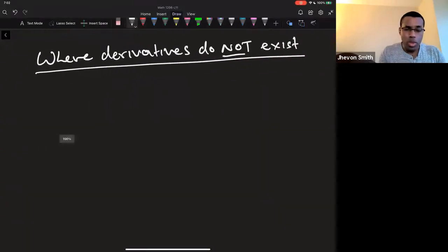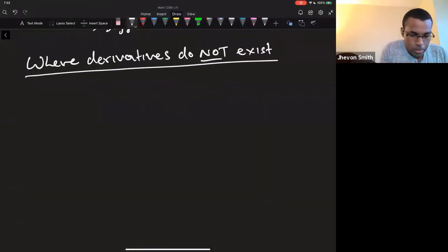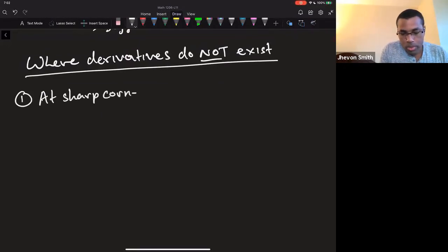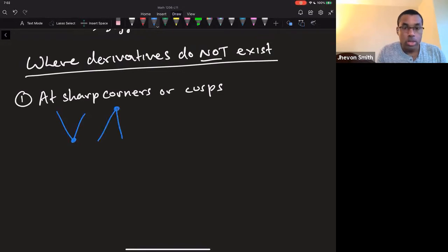And one way is at sharp corners or cusps. So if your function looks like this, that, or something like that, or like this, or that, right?